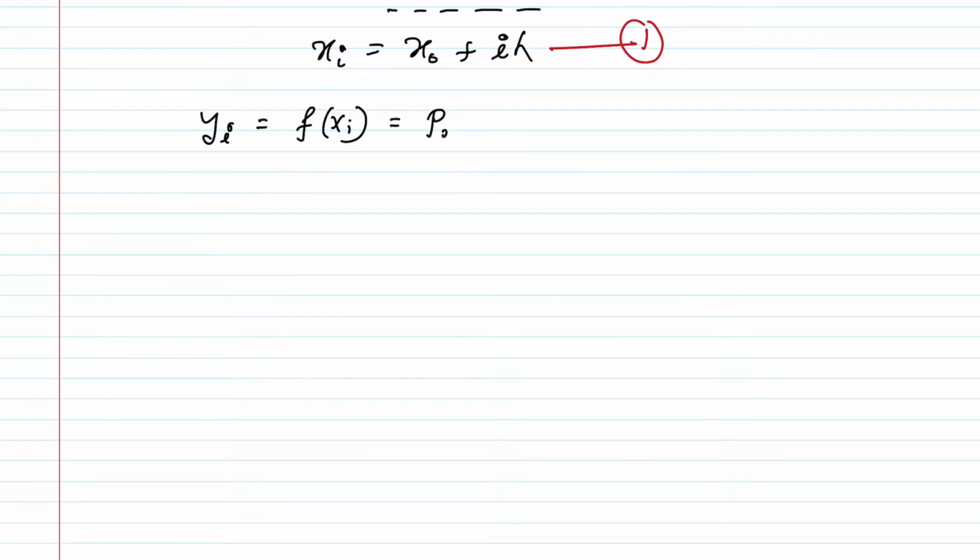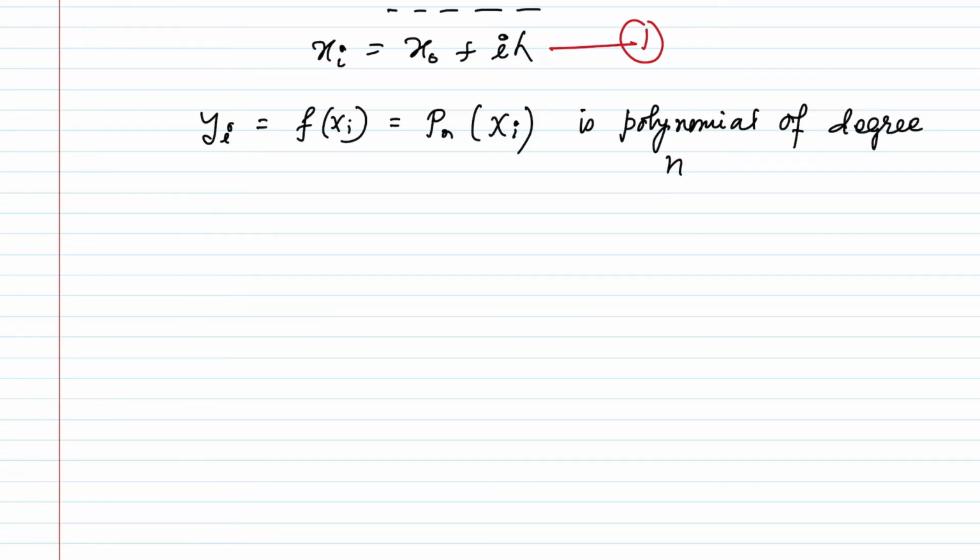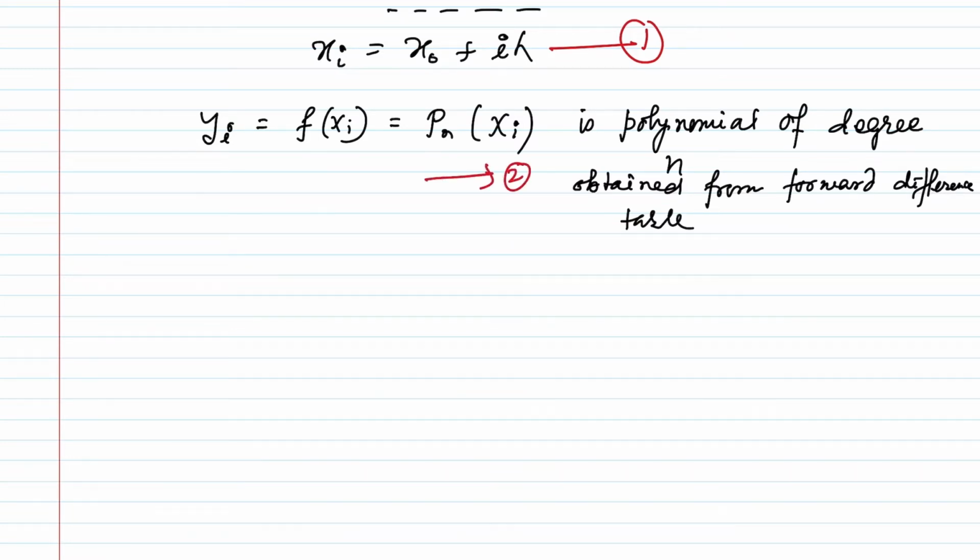It is a polynomial of degree n, and it is obtained from a forward difference table. Okay, so let us assume this is equation number 2.